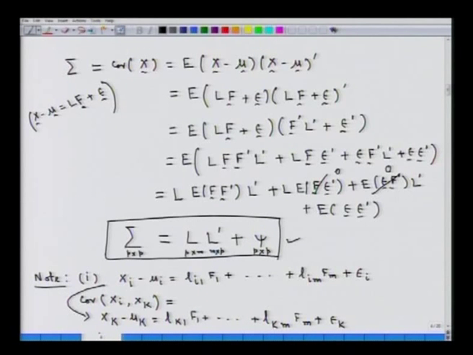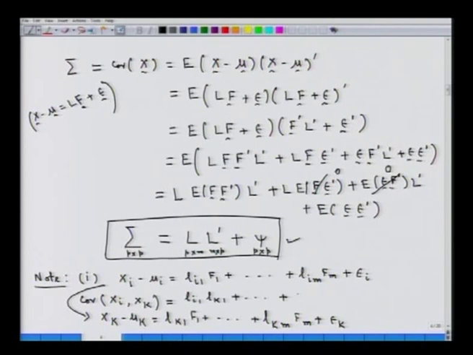Using that observation, what we can say is that this is just going to be the product between these two quantities, and then taking the expectation, only the terms multiplied by the corresponding F terms are going to have a non-zero contribution. All other contributions are going to be exactly equal to 0. So what is this going to look like? It is Li1 Lk1 and so on.